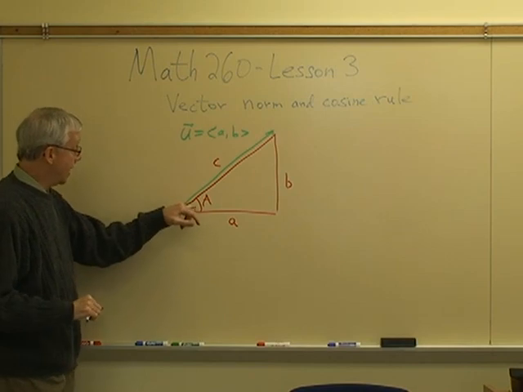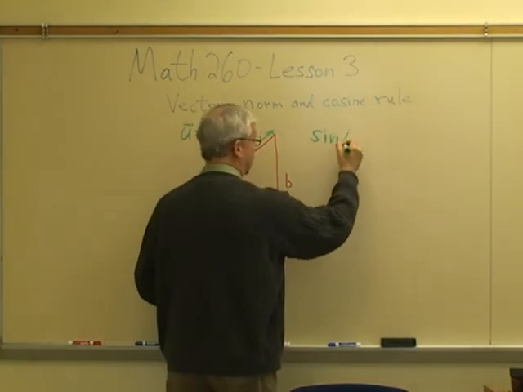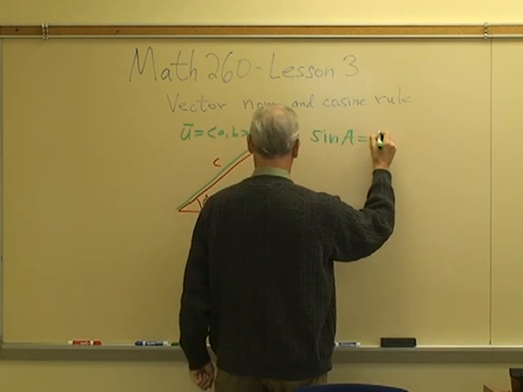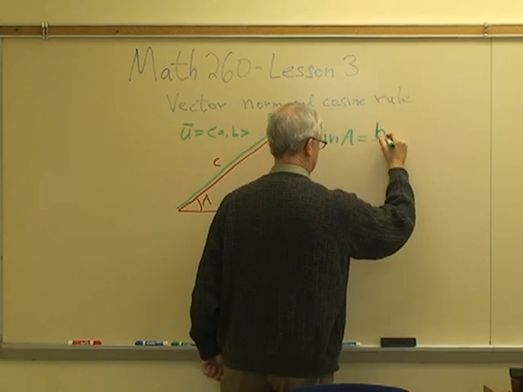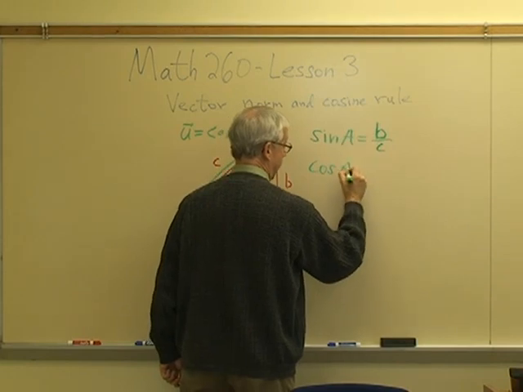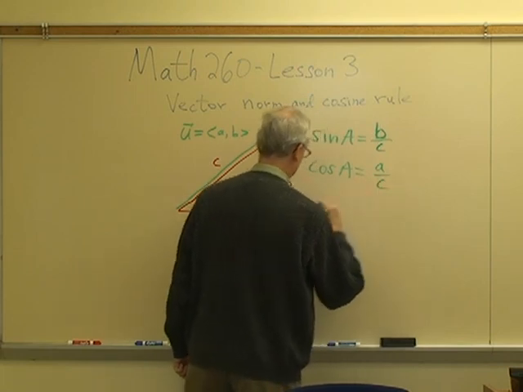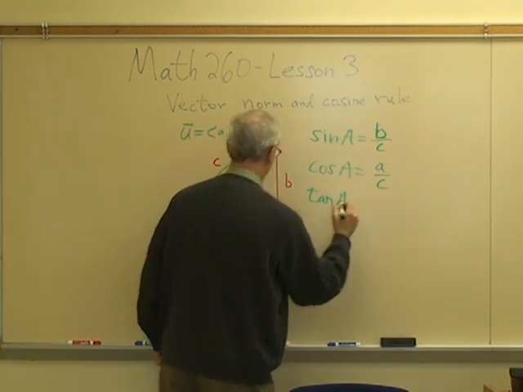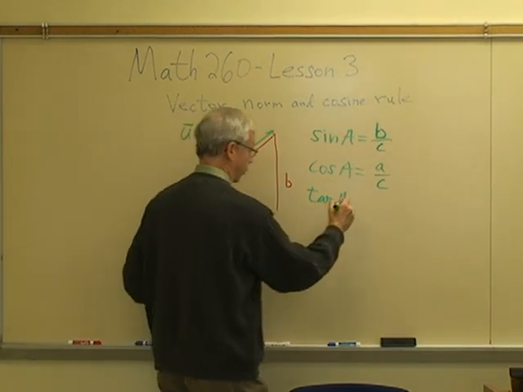By definition, the sine of angle A is the opposite over the hypotenuse, B over C. The cosine of the angle is the adjacent over the hypotenuse. And the tangent of that angle, which is actually the slope of this line, is the ratio, opposite over adjacent.